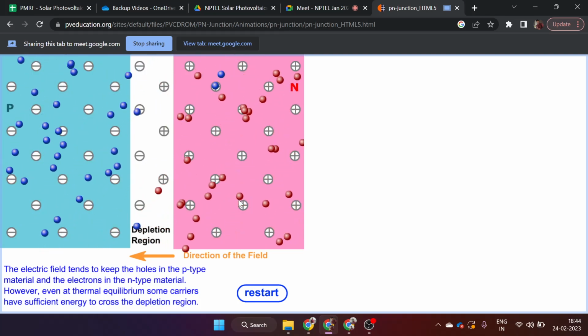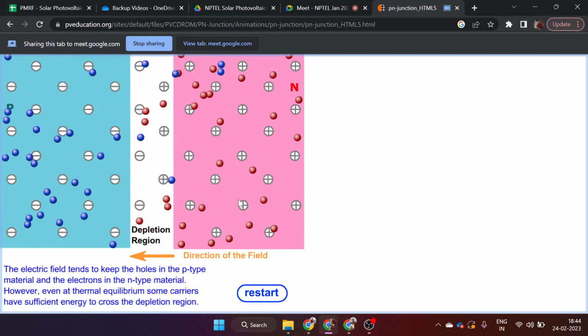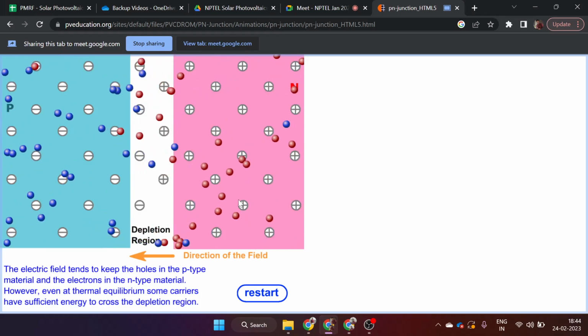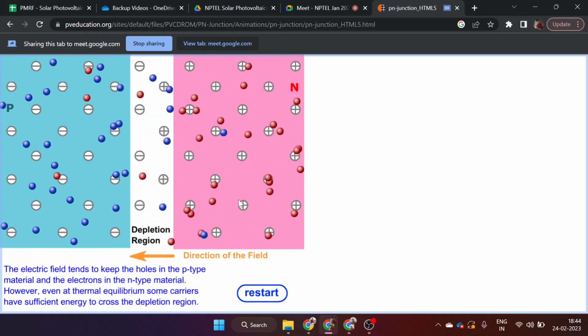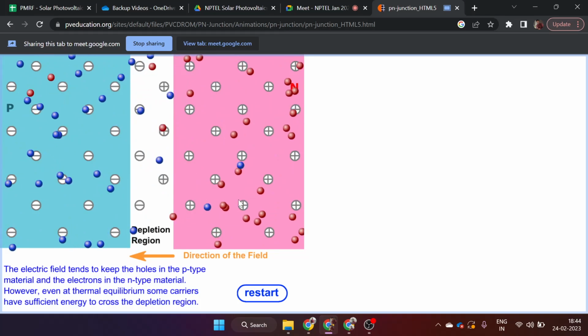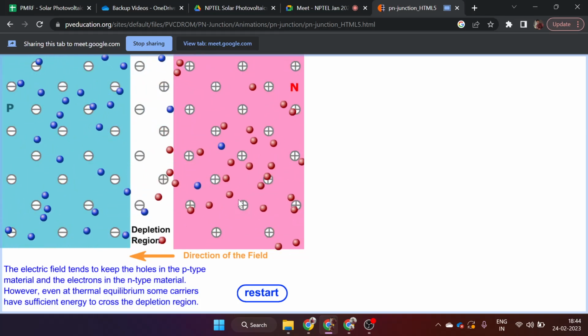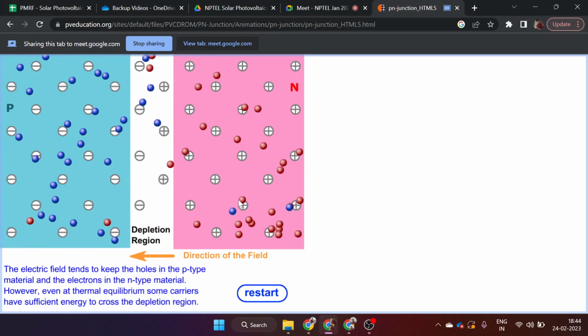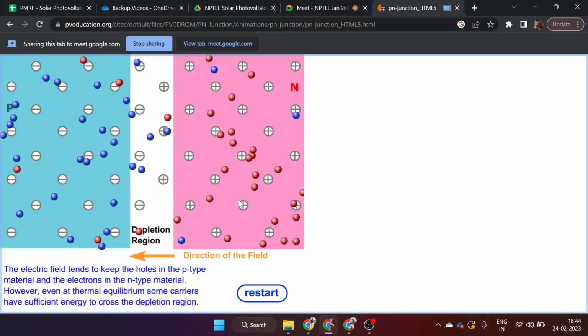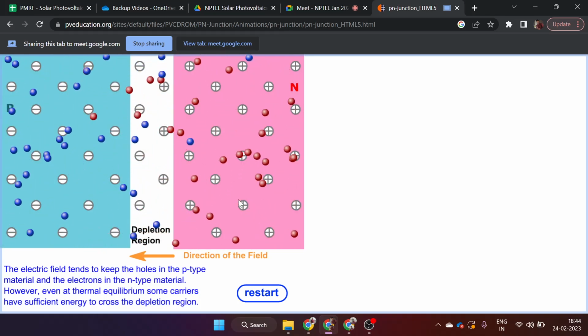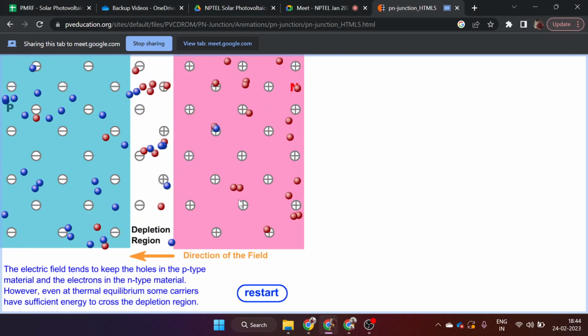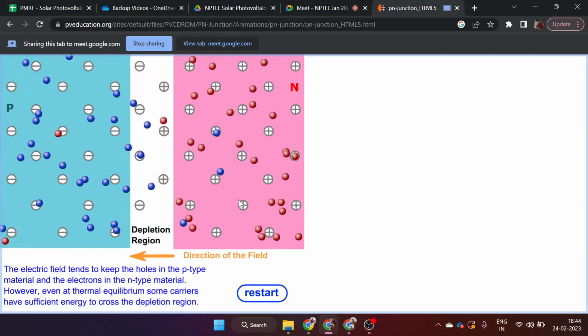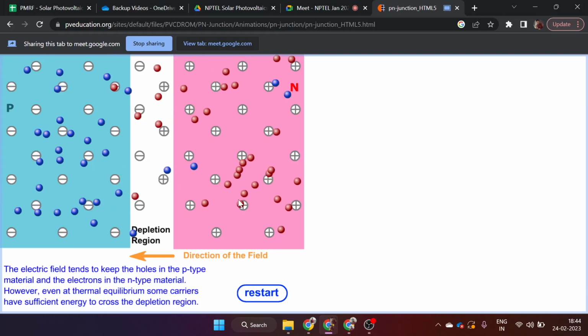Sir, on the back side, the P side, minus charge is there, and the N type is starting with plus charge. No, actually, these are not minority carriers. These are the dopants.